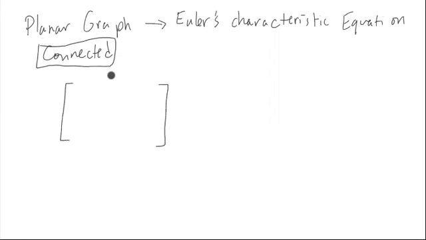The number of vertices in the incidence matrix of a graph is the number of rows. Now, if it's connected, after you do Smith normal form, there's only going to be one row of zeros.